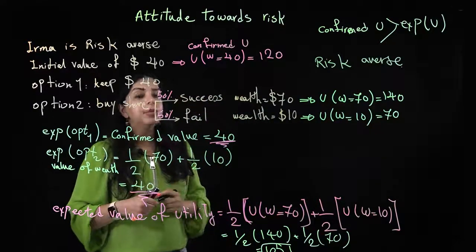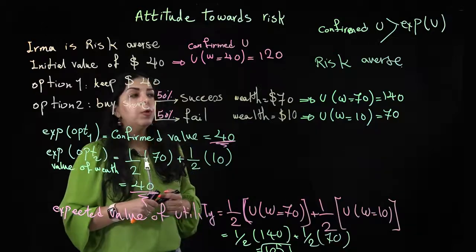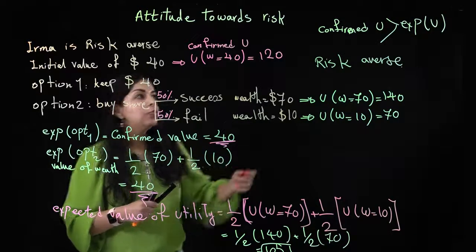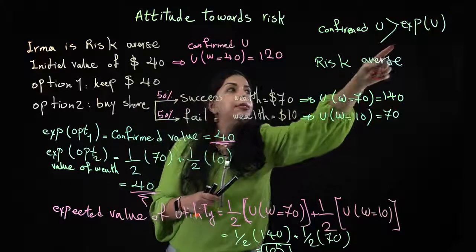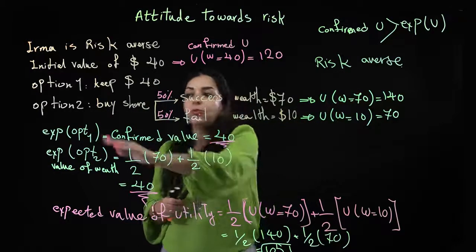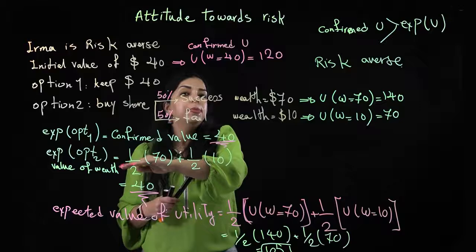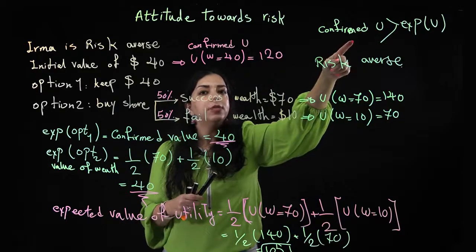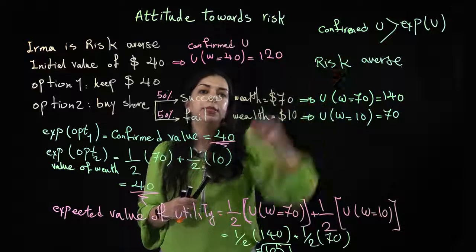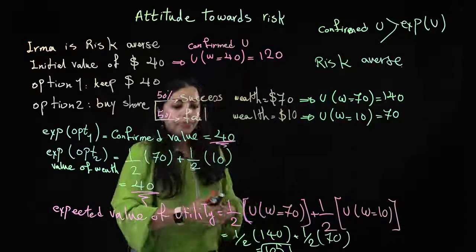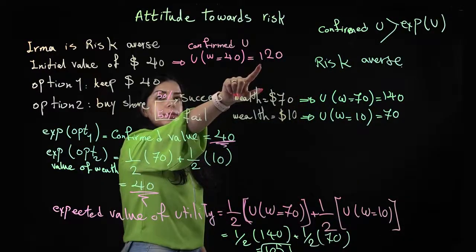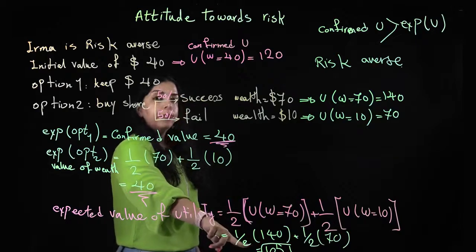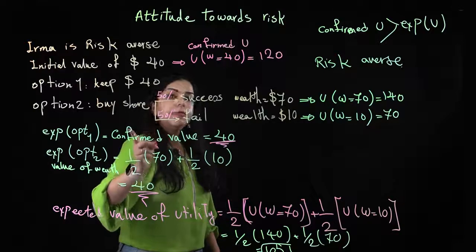If the person is risk averse, he is ready to take the risk and go for the second option, but he wants to make sure that he's getting an amount of utility exactly equal to the confirmed utility. So the utility of the confirmed is 120, the expected utility is 105. This person is a risk-averse person.